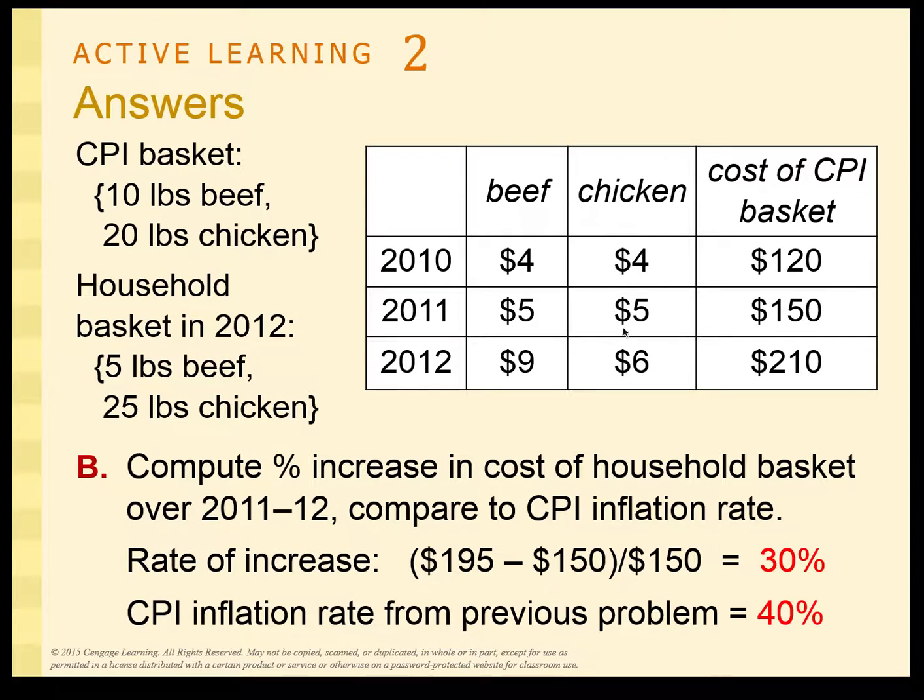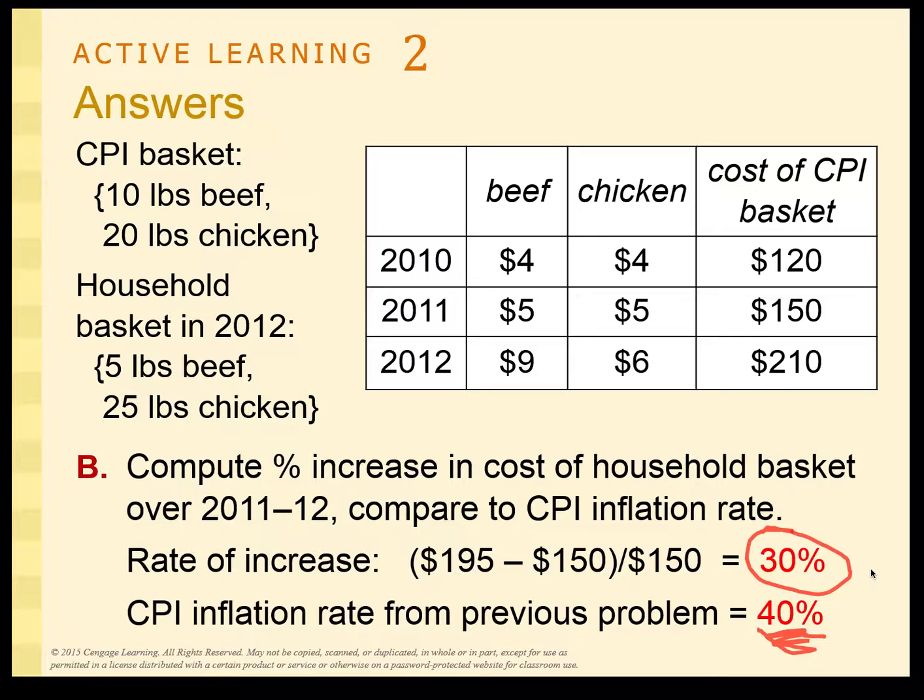The thing that matters to us is how much the households have to pay, and that increase is 30%, whereas the CPI is trying to estimate it, but it's coming to 40% because of the shortcut that the CPI is trying to measure the same basket every single year, right? It's really one of the only ways to measure prices, because there's just so many prices.